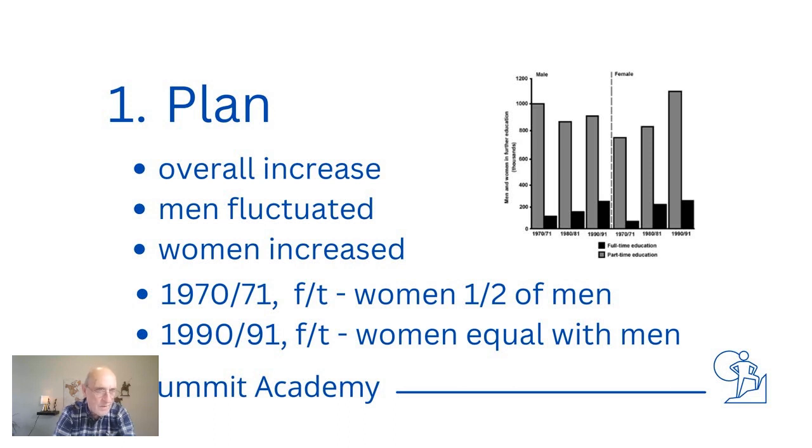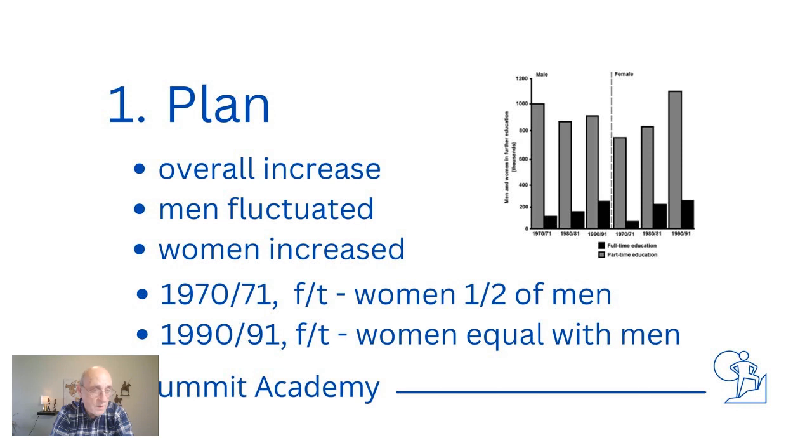And now I have a good idea of what I'm going to write in my essay, because I remember I have to write those three things. What's my overall summary? I could say that in full-time education, there was an overall increase. But when it came to part-time education over the 3 years, the level of men fluctuated and the women only increased.